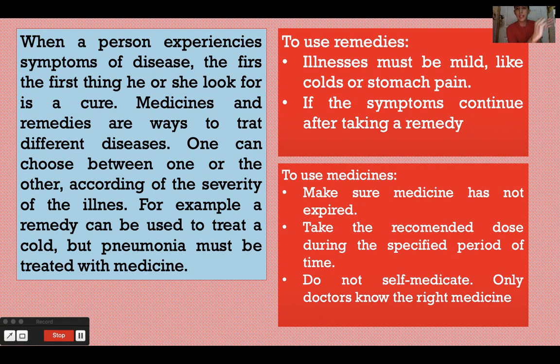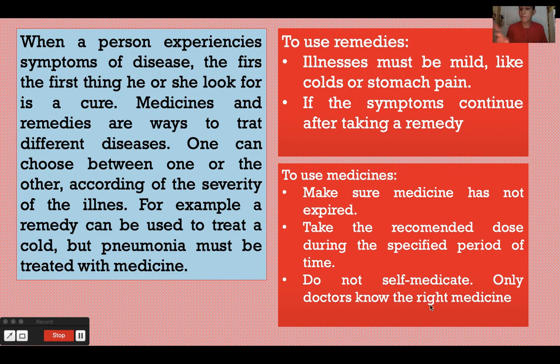You must drink a pill at 2:30, or you must drink this pill at 2 o'clock, something like that. So you have one or two pills at 2 o'clock. So you have to follow the guidelines that the doctors give to you, right? So this is the recommended dose during the specified period of time.